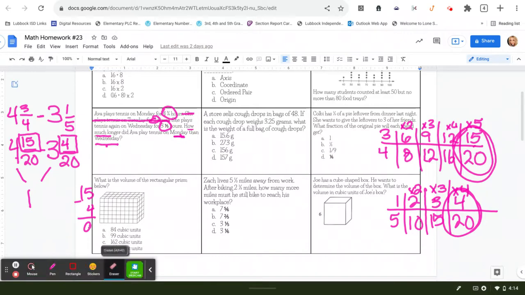Sorry, I just messed up. Okay, 15 minus 4 is 11. So 11/20, because our denominator never changes. So 1 11/20 hours.